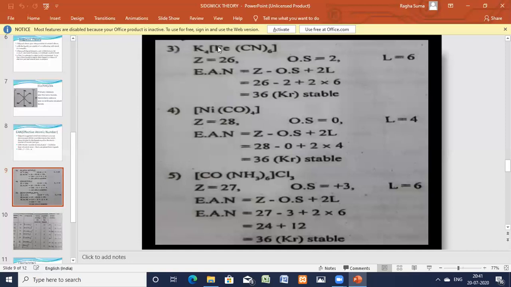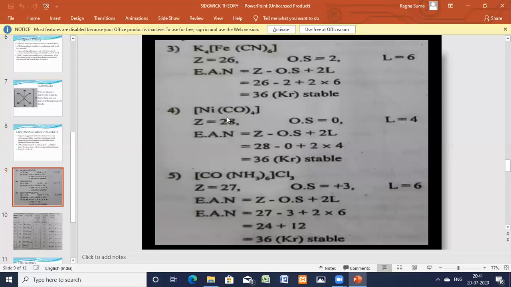By accepting the ligands, it is able to form the coordinate covalent bond. Therefore, it is able to form the complex. How many ligands will coordinate until it gets the stable configuration? So here 6 are coordinating.